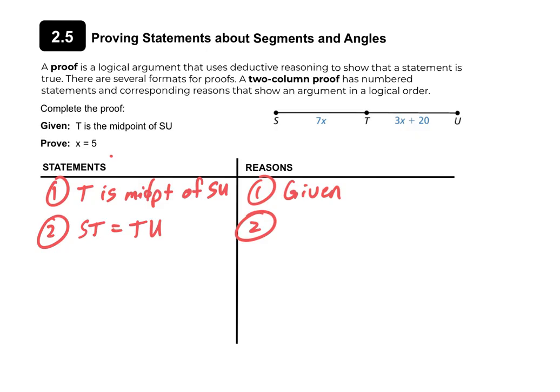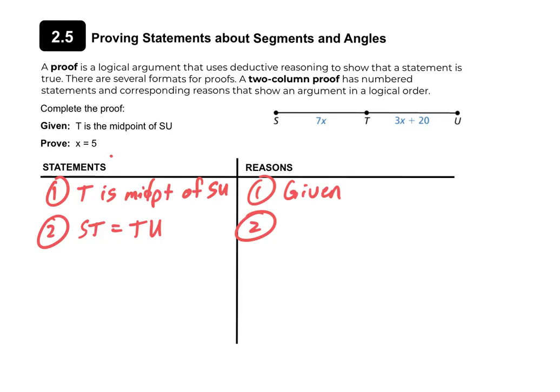Why do we know that ST and TU are the same? You're on the right track, okay? But remember, this over here is going to be a property, a postulate, a definition, a theorem, something along those lines. So what's something that we've talked about this year that we know that we can use here? How do I know that T is the halfway point?